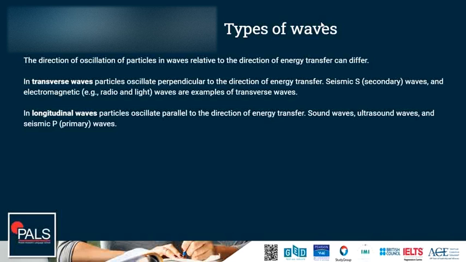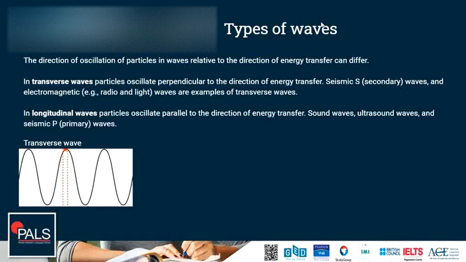Examples include seismic secondary S waves of earthquakes and electromagnetic waves, for example. In longitudinal waves, the particles oscillate parallel to the direction of energy transfer. Examples here are sound waves, ultrasound waves, and seismic P waves.